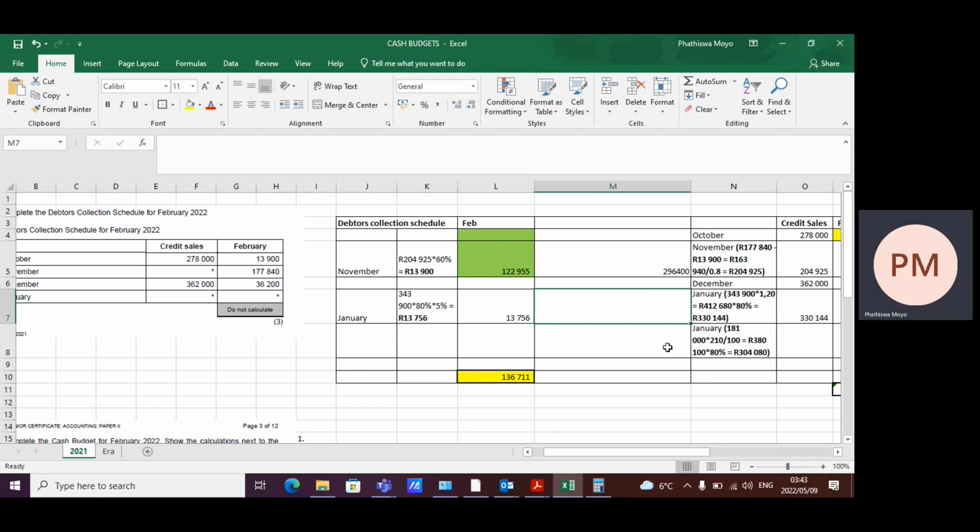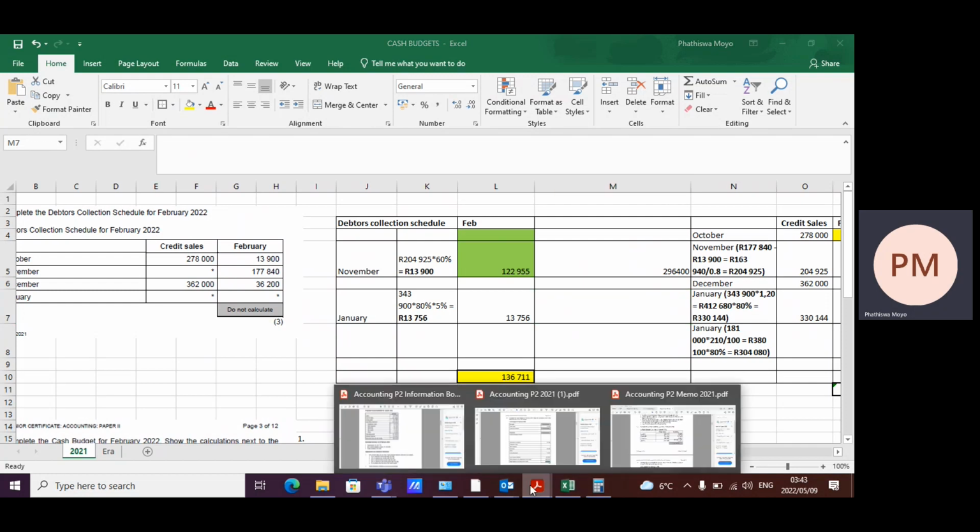But now if you divide 177,840 minus 13, then we divide that by 80%, it gives us less of what they have.